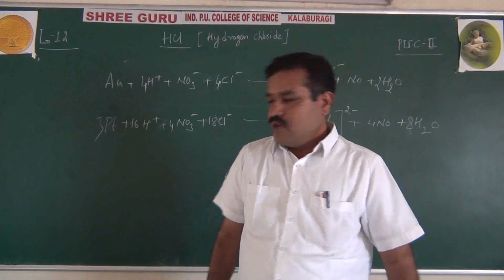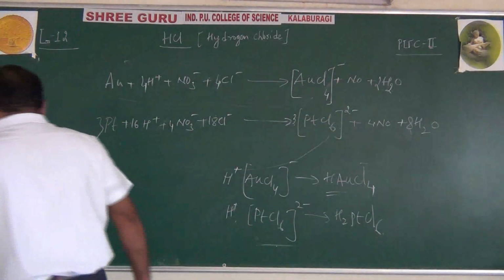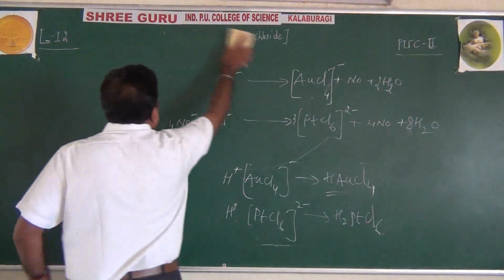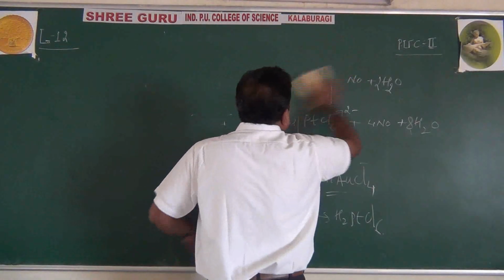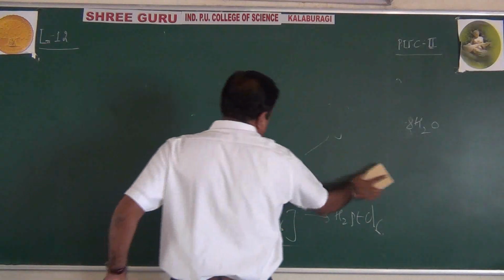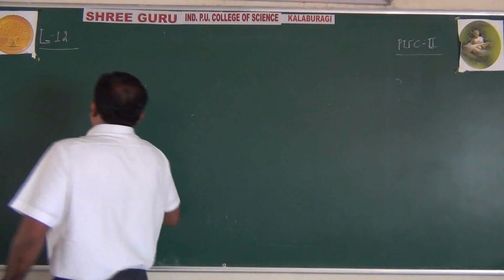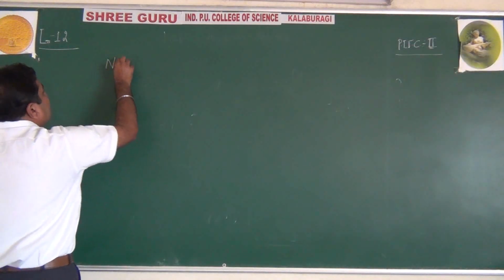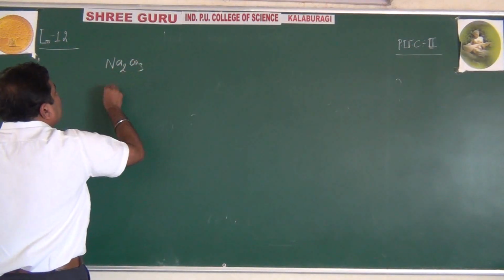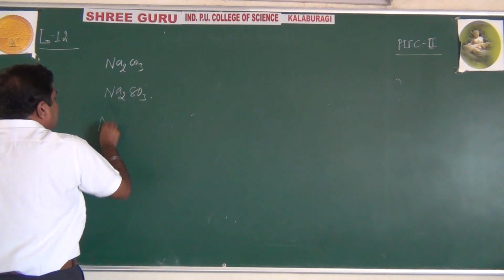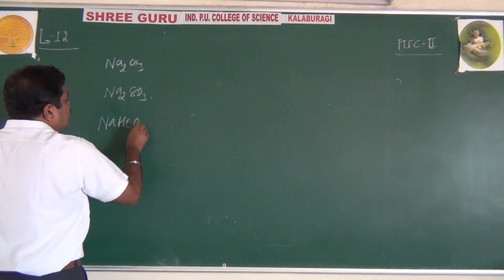Remember, okay? So that's about the properties of HCl. Okay, not only this, even HCl decomposes some important chemical compounds. Decomposition reactions. It will decompose sodium carbonate, Na2CO3, sodium sulfite, Na2SO3, and sodium bicarbonate, NaHCO3.